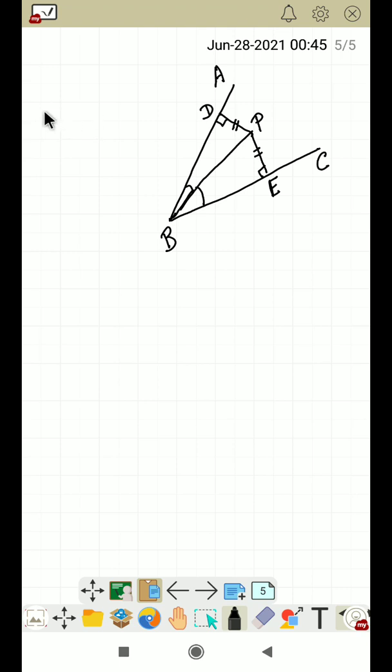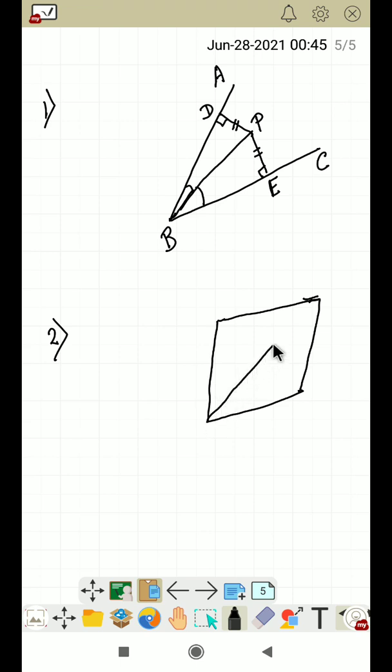Now the next theorem is about a rhombus. Suppose this is a rhombus. We know that in a rhombus all sides are equal and the diagonals perpendicularly bisect each other.